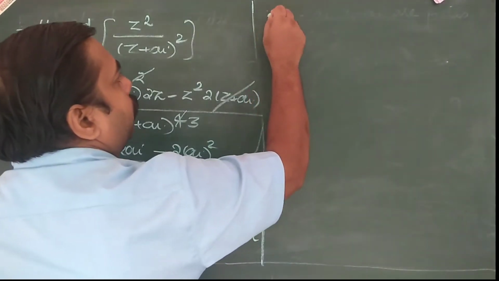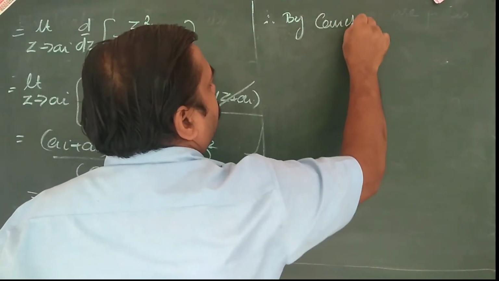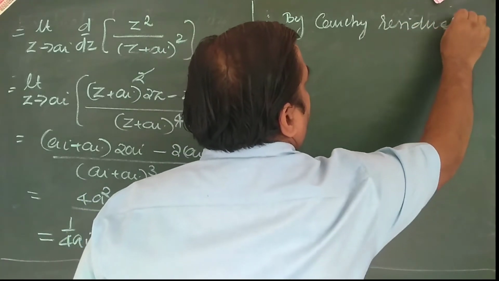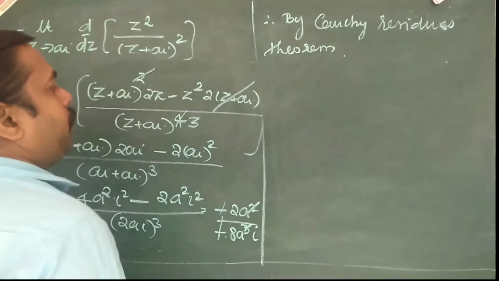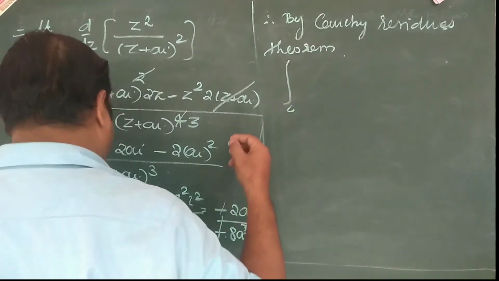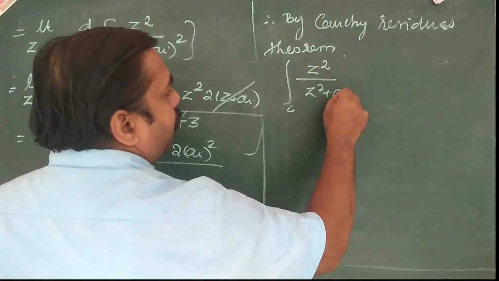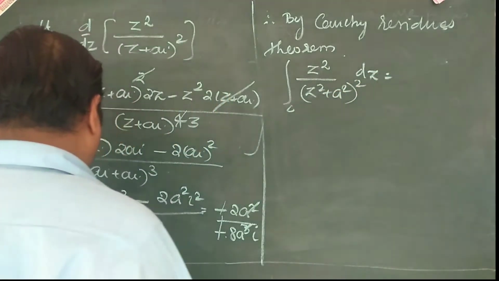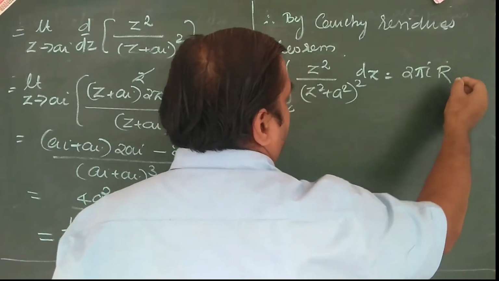Therefore, by Cauchy's residue theorem, integral over c z square divided by z square plus a square the whole square dz is equal to 2 pi i into r.